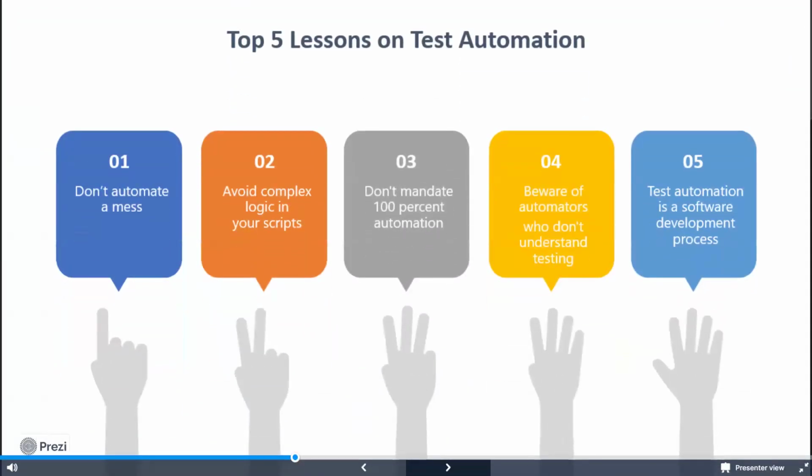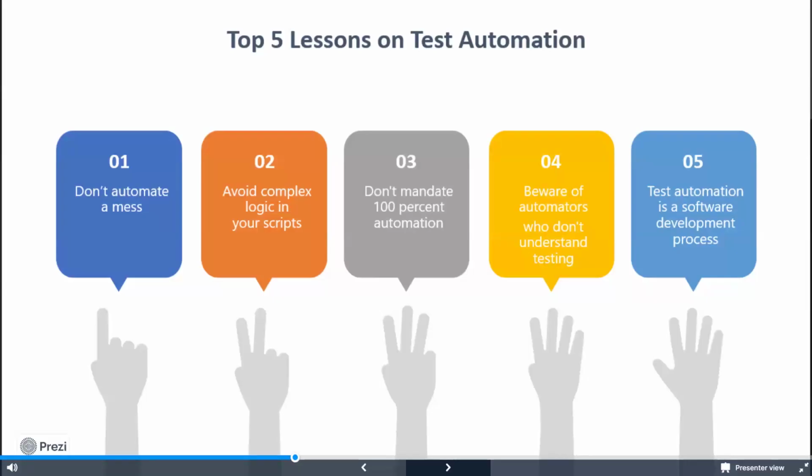Now, before we jump into any automation topic, what are the top 5 lessons on test automation that you need to know? First rule, never automate a mess. Have a clear understanding of what you want to automate, and only then start scripting for it. Second, avoid writing complex logic in your scripts.